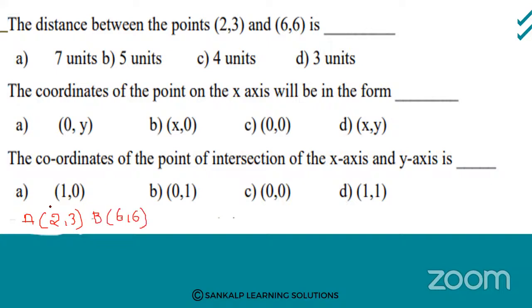So this is x1, y1 and this is x2, y2. So you know the distance formula, that is square root of (x2 minus x1) whole square plus (y2 minus y1) whole square, right?